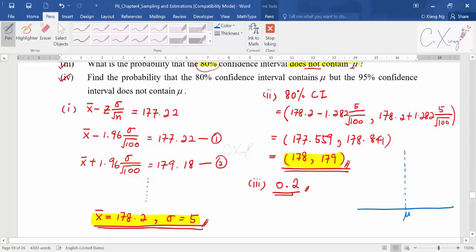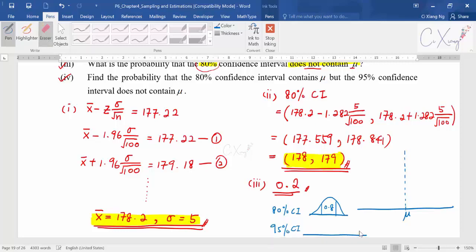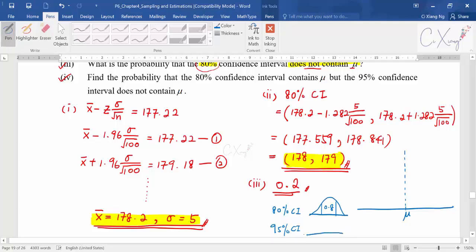So the mu should be this value, but I don't know what the value is. So I'm having 2 confidence intervals. The 80% confidence interval: if you look at the graph, 80% means the area is smaller. And then for the 95% confidence interval, we should have the same graph, because they're using the same sample and everything, right?